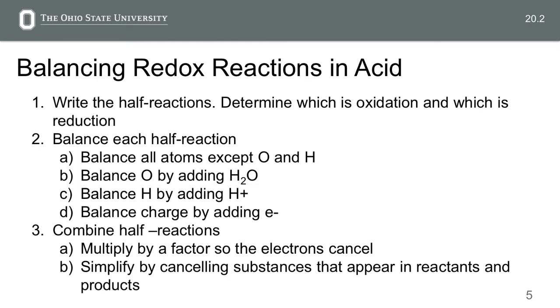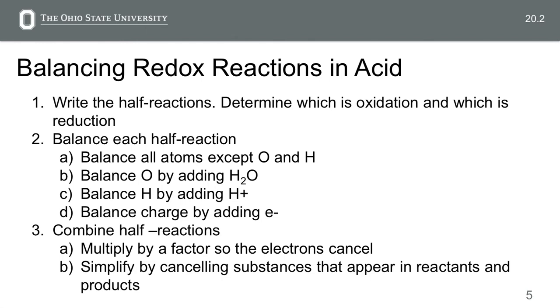Those are easy to account for, so we have to make sure that everything else is balanced before we balance oxygen and hydrogen. Once we have all of those other atoms balanced, the way we're going to balance oxygen is by adding water. We're usually working in aqueous solutions. And in adding water, we add extra hydrogen. And so then our last thing to do is add H+ to balance for the hydrogen.